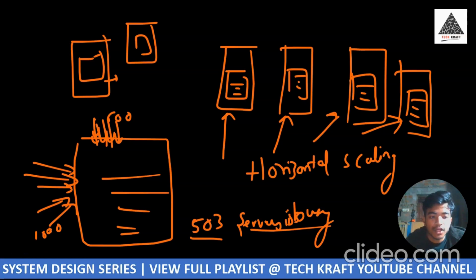Before that, I will tell you a few limitations of vertical scaling and horizontal scaling. What are those limitations? In vertical scaling, imagine this is the server. In this server we have added more CPU and more RAM, but the problem is a single point of failure. What happens if the server goes down?